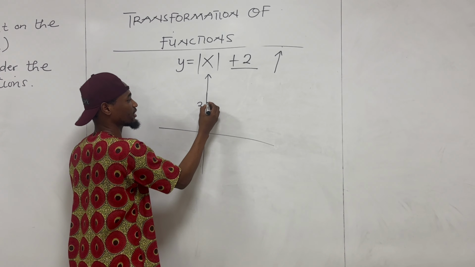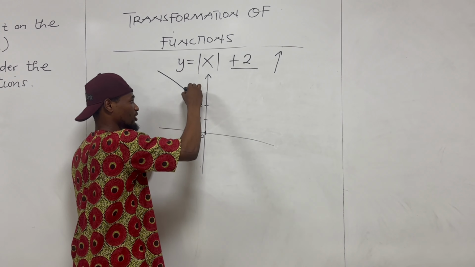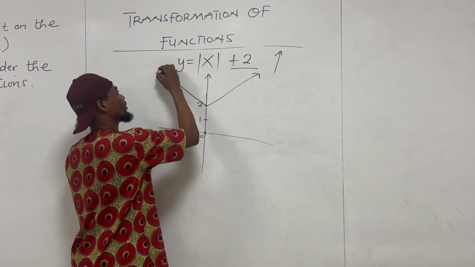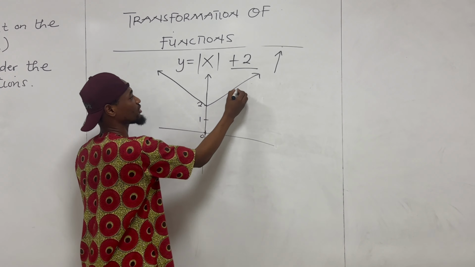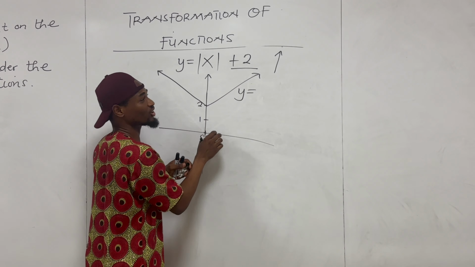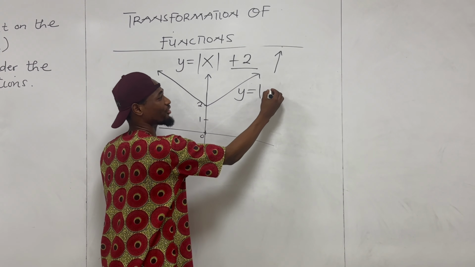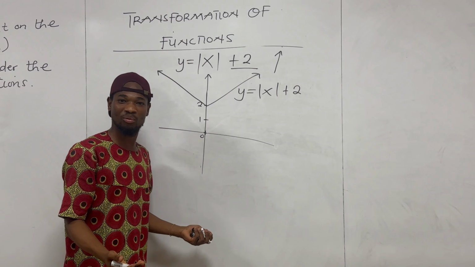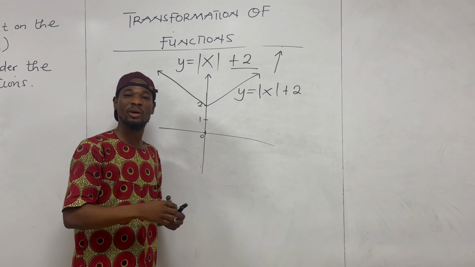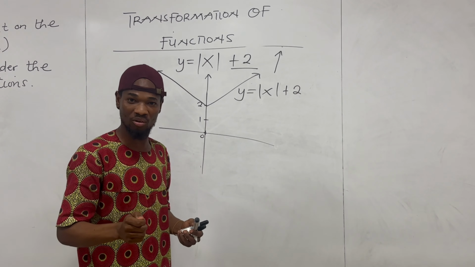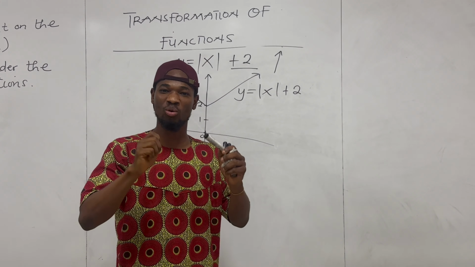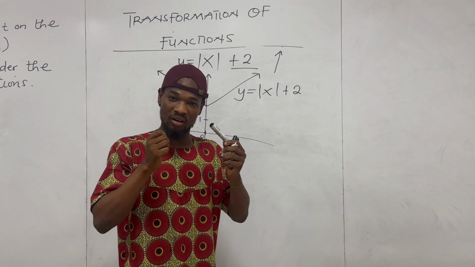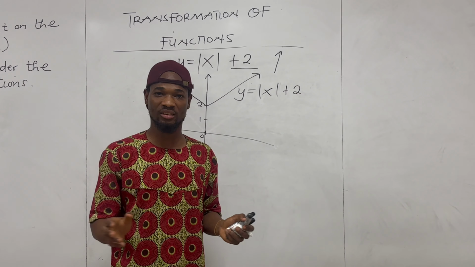You have it this way, then you just draw this way, and this graph becomes y is equal to the absolute value of x plus 2, as simple as that. To explain functions very well, you have to understand the geometric definition. So we use graphs to interpret functions.